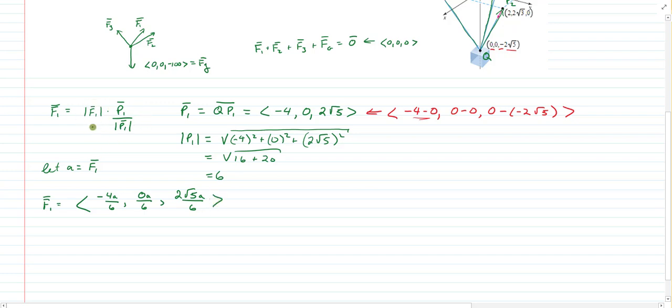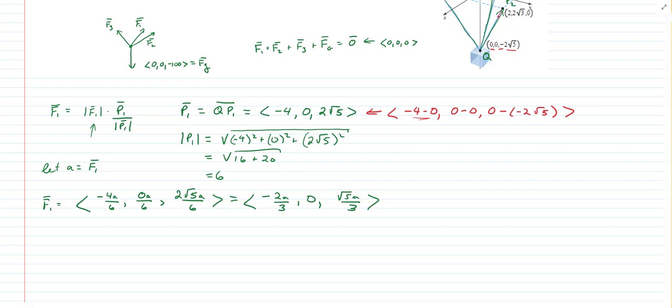So I used a for this number here. Then I've got this vector, and I'm dividing it by the quantity 6. So each one of those terms got divided by 6. So hopefully you see where I got that vector from. And I'd like to reduce it down, because we're going to have to solve some equations with it. So this would be minus 2a over 3, comma 0, comma square root of 5a over 3.